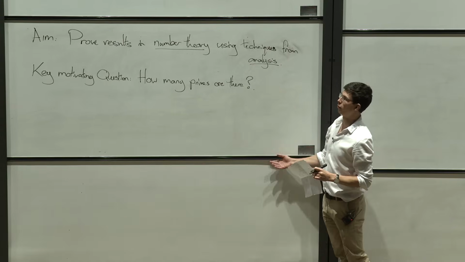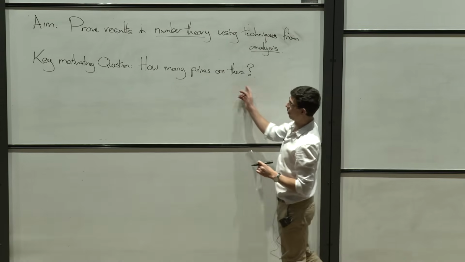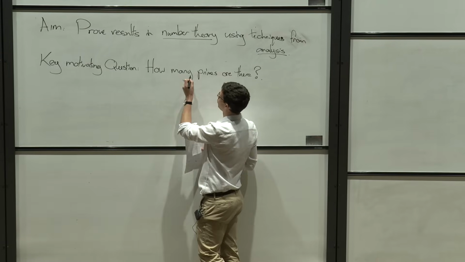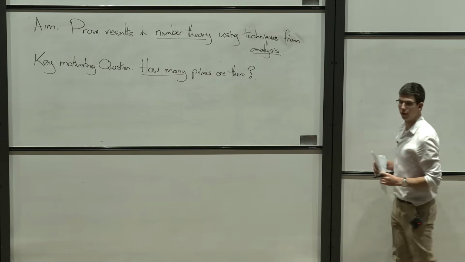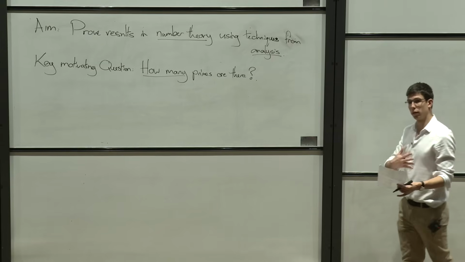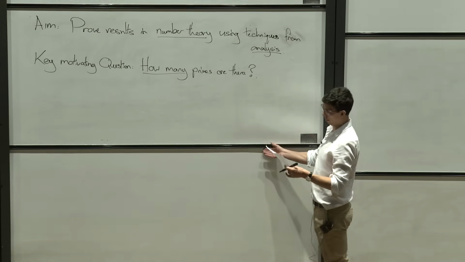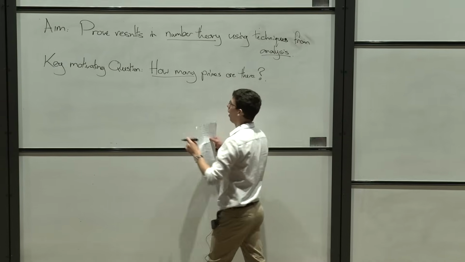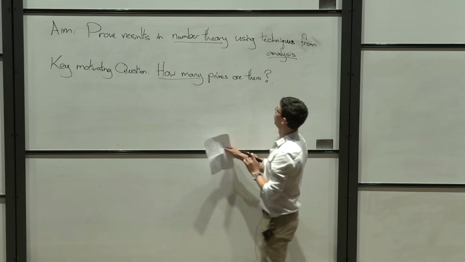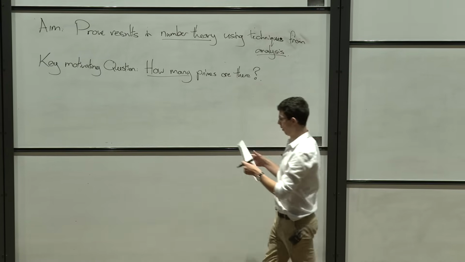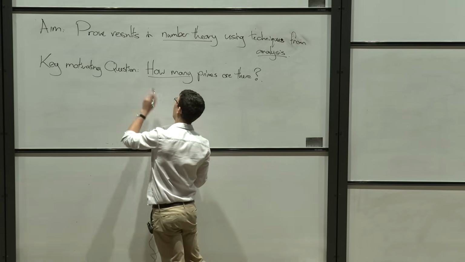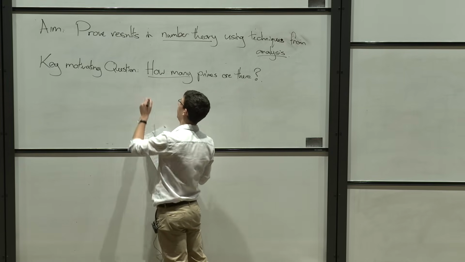And so maybe this therefore seems to be a slightly strange question, but particularly from the point of view of this course, there's an emphasis on how many, in some quantitative sense, how many primes are there. And one way you can make sense of this, rather than just asking are there finitely many primes or infinitely many primes, is looking at the counting function of the primes.